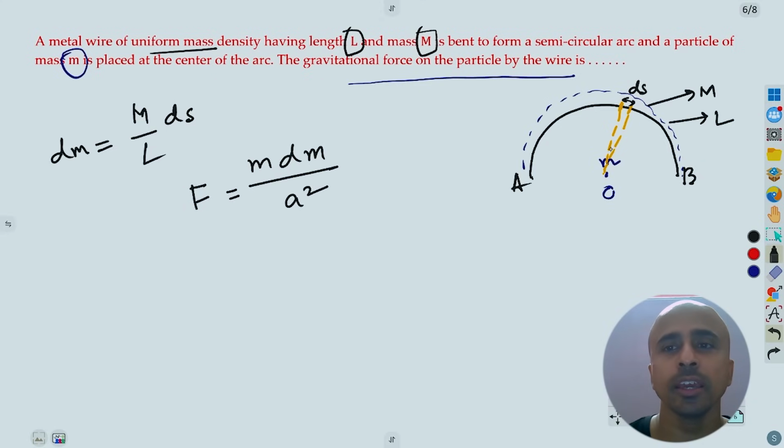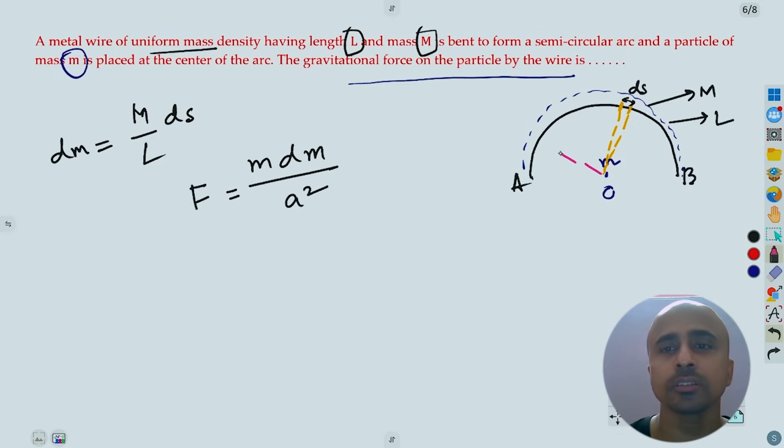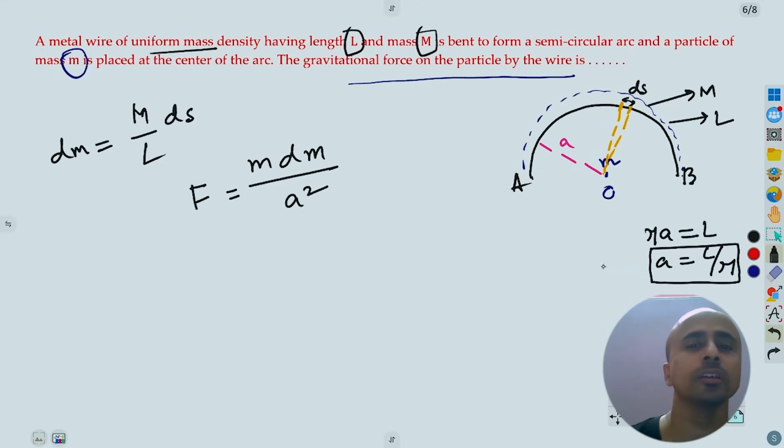And what is a? A is the radius. Since circumference is pi a, equal to l, from here we can obtain a equal to l by pi. But I will come to this part later.